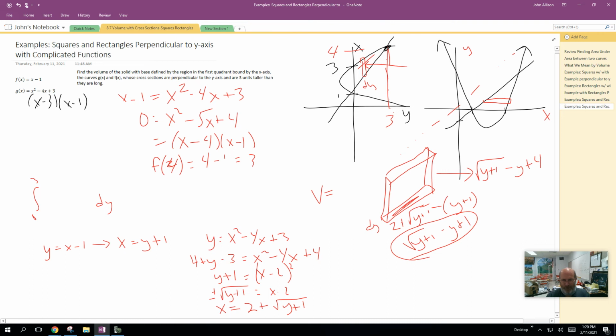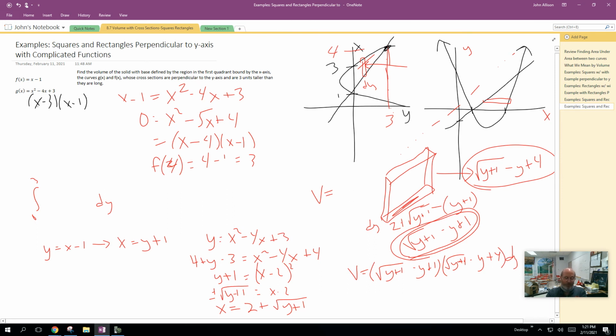So the volume of one of those is going to equal this dimension. It's going to be kind of crazy. Square root of y plus 1 minus y plus 1 times this dimension, square root of y plus 1 minus y plus 4 times dy.